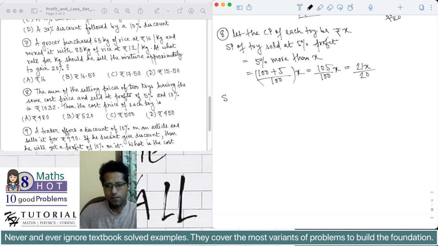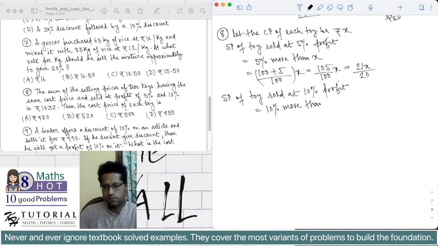Similarly, the selling price of the toy sold at 10% profit is equal to 10% more than X. This is equal to 100 plus 10 divided by 100 multiplied by X. This is equal to 110 divided by 100 X. This is equal to 11x by 10.